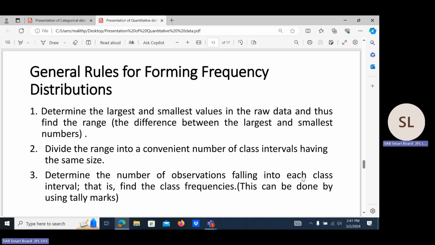Then the next class interval starting from 34. 34 to 37. Understood? Then the third one, 38 to 41. That is the way we can write the class limits of each class interval.